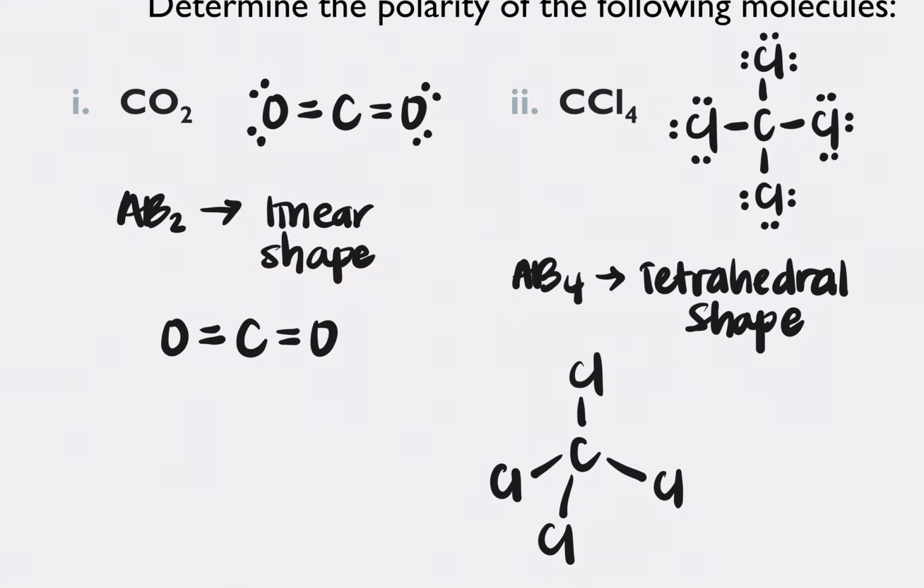Alright, and now we are going to determine who is more electronegative. So between carbon and oxygen, okay, oxygen is more electronegative. So that means oxygen will bear the partially negative charge, okay, while carbon will bear the partially positive charge.